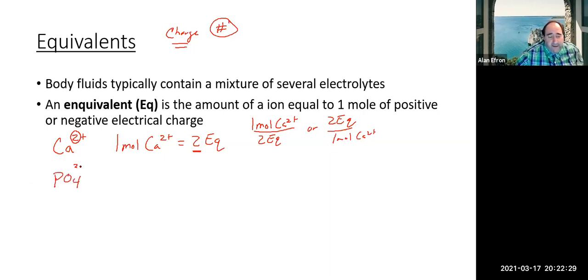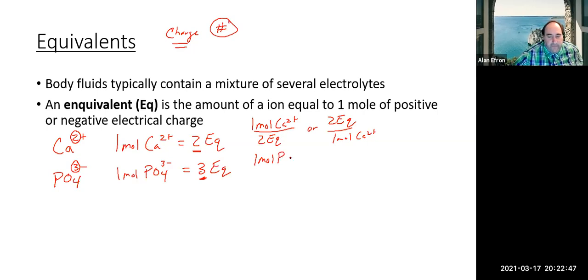This is phosphate. And I could say in 1 mole of phosphate, there would be 3 equivalents, the 3 coming from the actual number on the charge. We could also do 2 conversion factors for those.